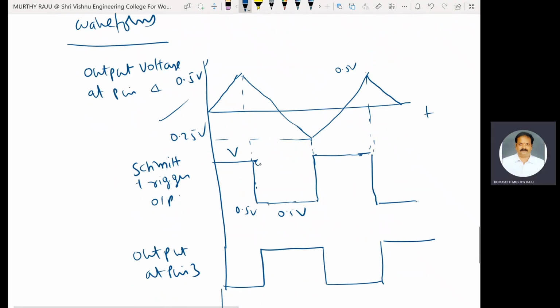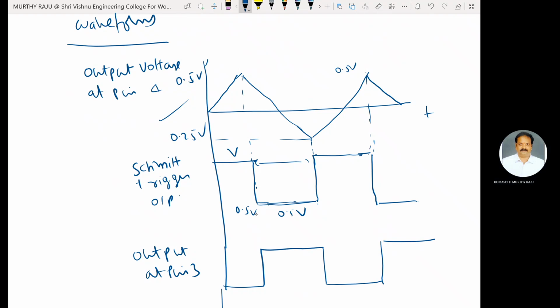In this region, the capacitor discharges. In this region, the capacitor is charging. Whenever the capacitor charging reaches 0.5 volts, the Smith trigger output changes to another level, called 0.5 volts, and maintains a constant one. During that constant period, the capacitor discharges to 0.25 volts.